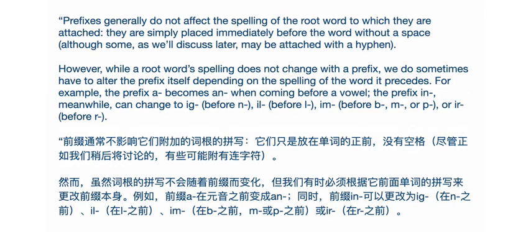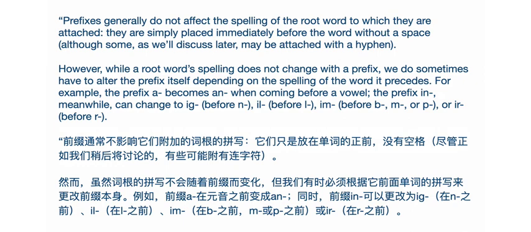Prefixes generally do not affect the spelling of the root word to which they are attached. They are simply placed immediately before the word without a space, although sometimes there may be attached a hyphen. However, a root word's spelling does not change with a prefix.